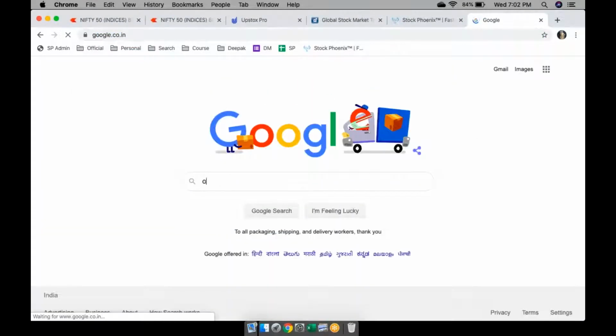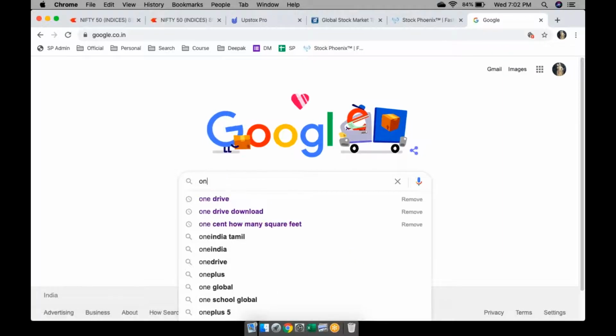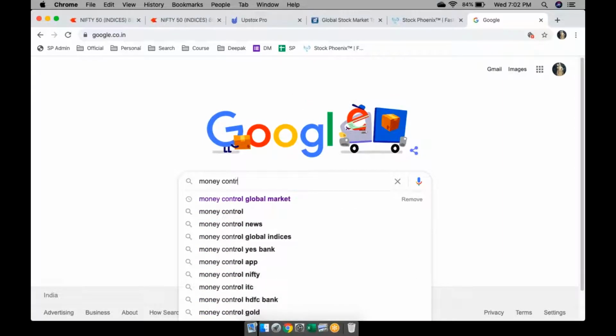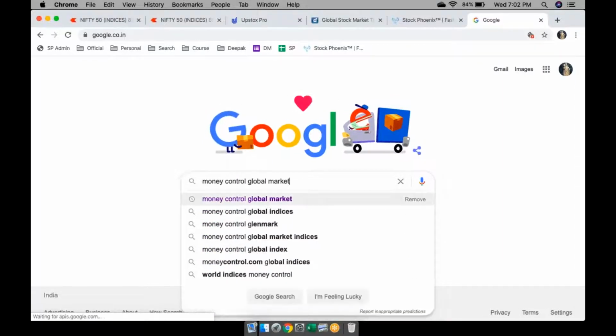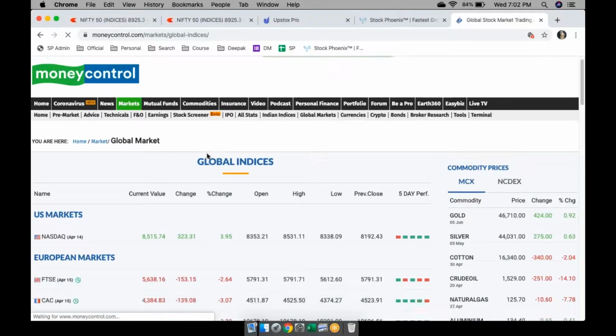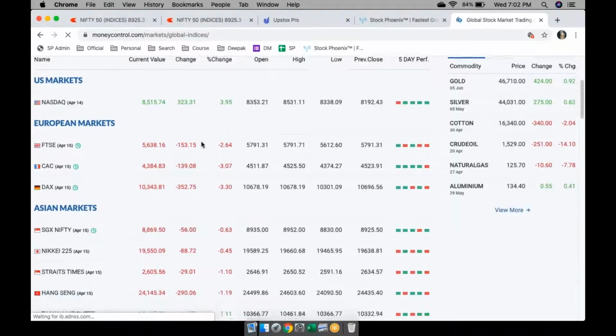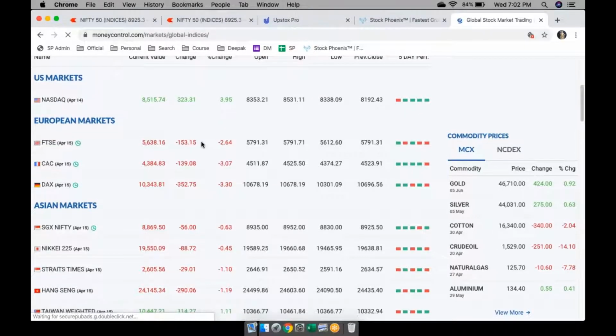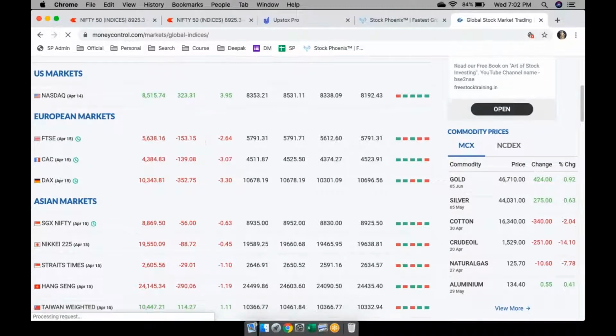Google moneycontrol global market. You can open the first search. So if you see, just a minute, let me minimize the screen.